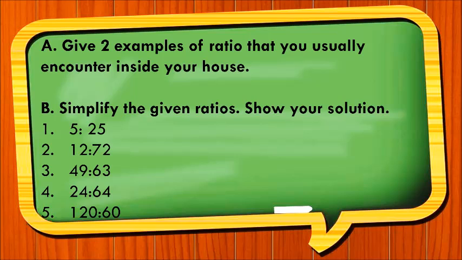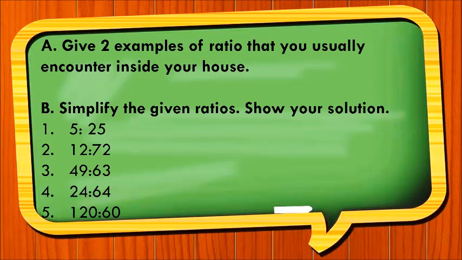Then you keep it for review. Letter A, give two examples of ratio that you usually encounter inside your house. Meaning, what ratios can you create using the things or the numbers that you can see inside your house. There are many, but I'm only asking for two.